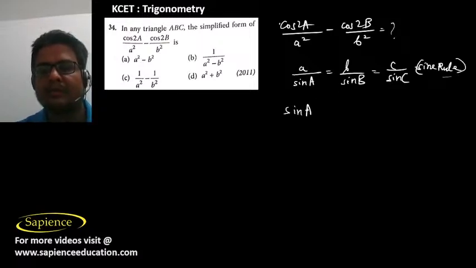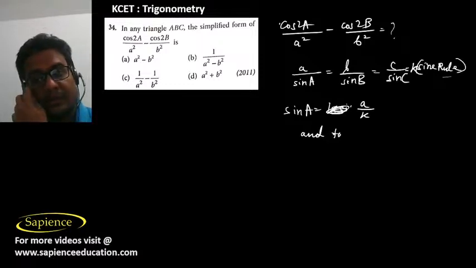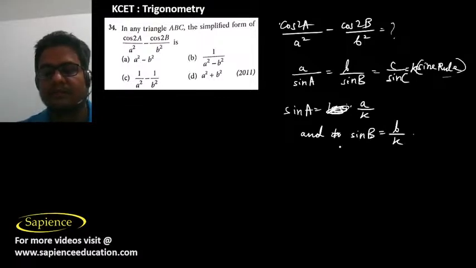So therefore, suppose this is equal to some constant k. So sine a is equal to a by k, and sine b is also equal to b by k.